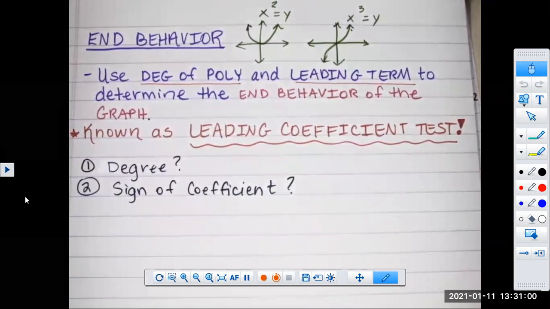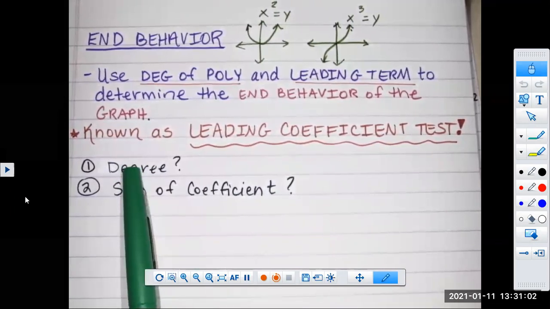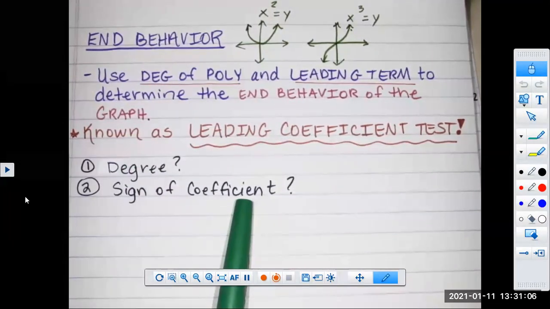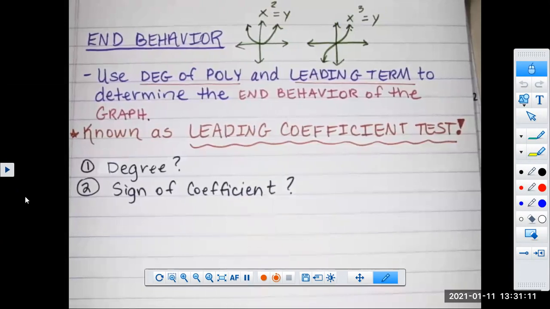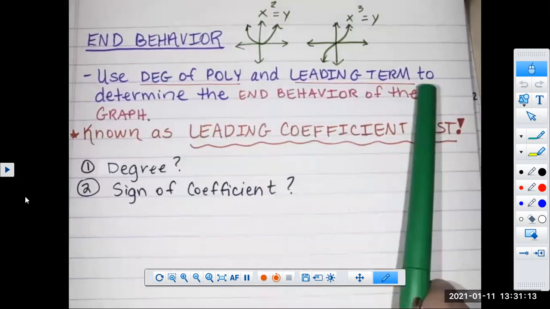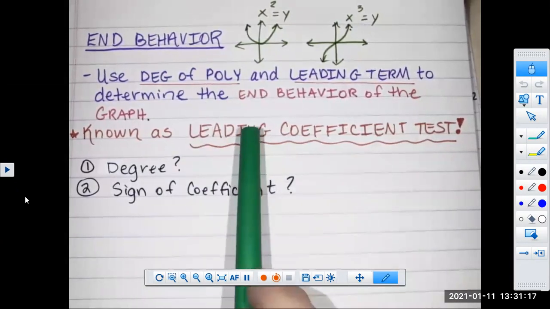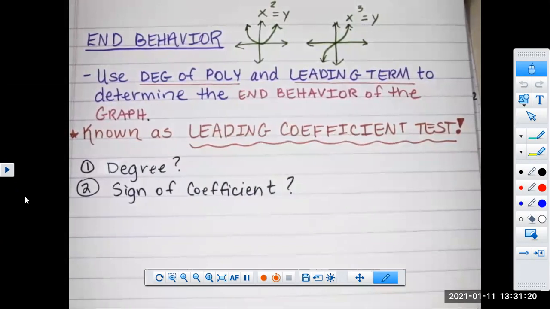So the two things that you're focused on are the degree of your polynomial and the sign of the coefficient. Use the degree of the polynomial and the leading term sign to determine the end behavior of your graph. This is known as the leading coefficient test, is what they call it.